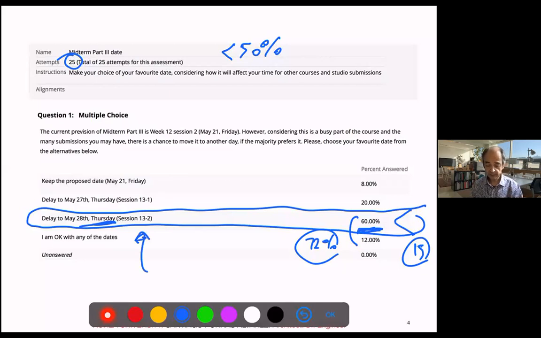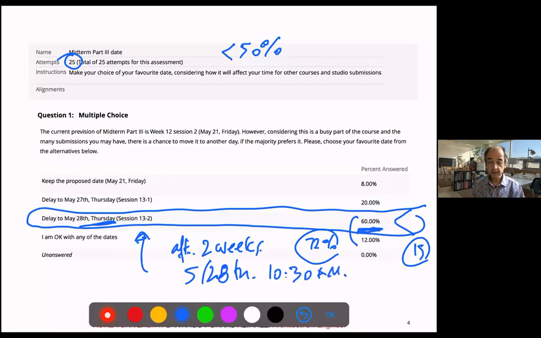Midterm part 3 will be after 2 weeks, so May 28th, say 10:30 a.m. As usual, it will be about 30 minutes, 20 questions, but I still have to prepare the exam.